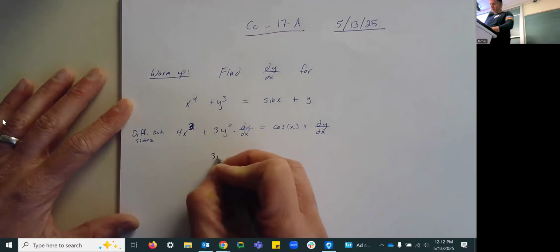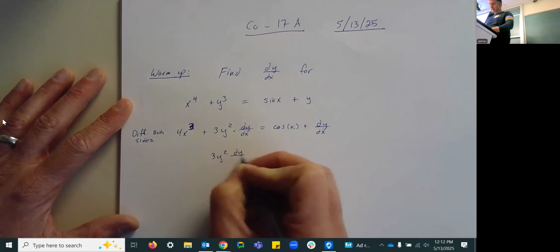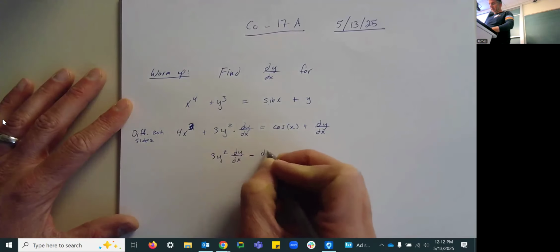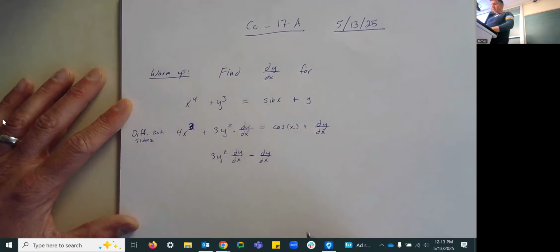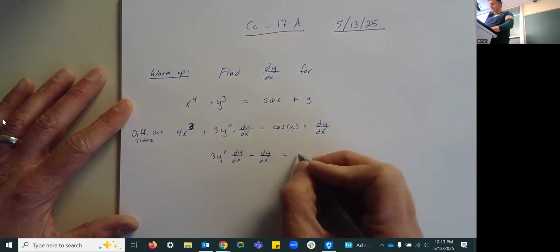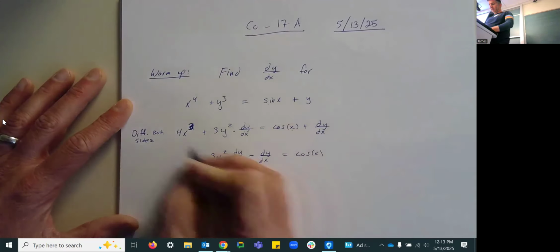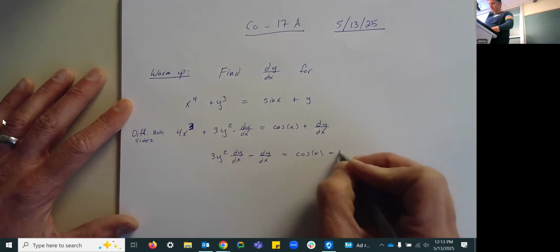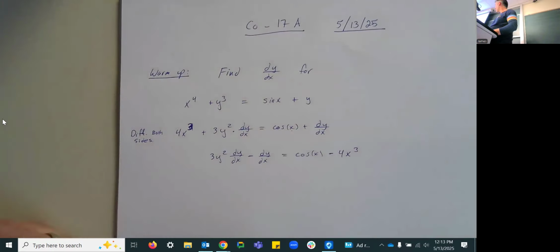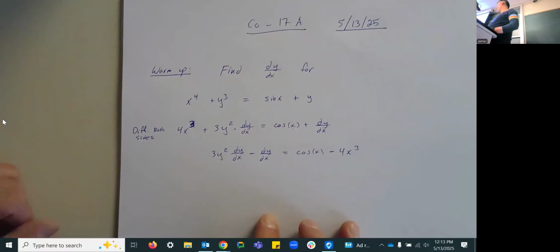So I'm going to have 3y squared times dy dx minus dy dx coming over from the right-hand side. On the other side, I'll have cosine of x, and I'll subtract 4x cubed from both sides to get minus 4x cubed on the right. I kind of feel like we do these next two steps in one, but I'm going to do them in two.